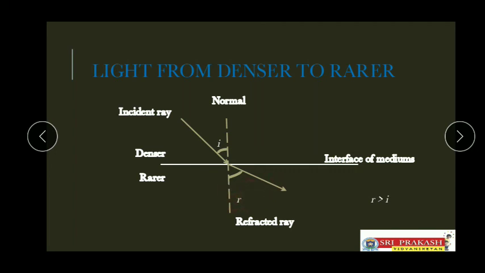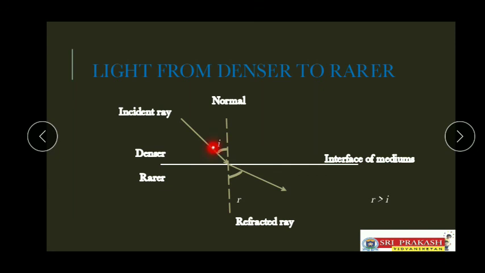In both cases, the angle of incidence and angle of refraction are not the same. If the incident ray travels along the normal direction, which means I is 0, in either case, whether it travels from denser to rarer or rarer to denser, it is going to continue straight. But if the angle is non-zero, it is going to travel with a different angle of refraction.